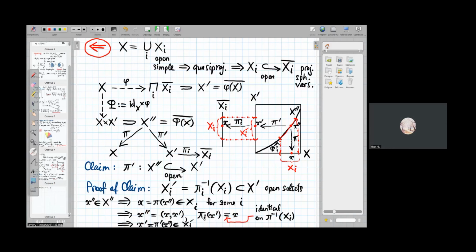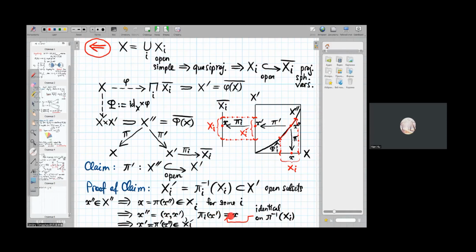And if this equation holds on an open subset, it holds on the closure of its subset. This is what I'm claiming. But this equation makes sense only on this inverse image, because here we map to this xi bar, and we want this point x to also belong.